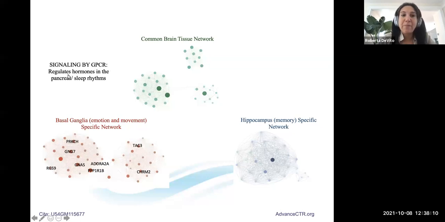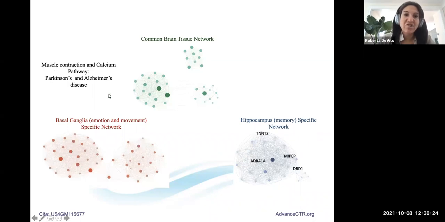This is a very important pathway because it regulates many different activities in our body, like regulating hormones in the pancreas, sleep, and rhythm. And the hippocampus instead is significantly enriched in the calcium pathway, that is really important in Parkinson's and Alzheimer's disease. And then I performed the eQTL analysis.